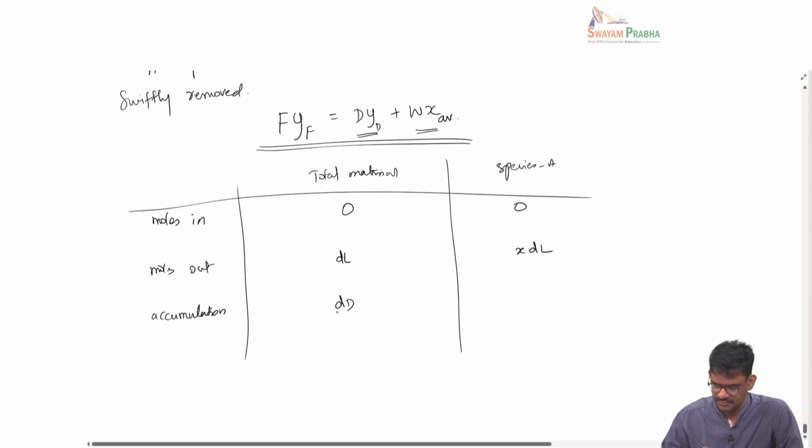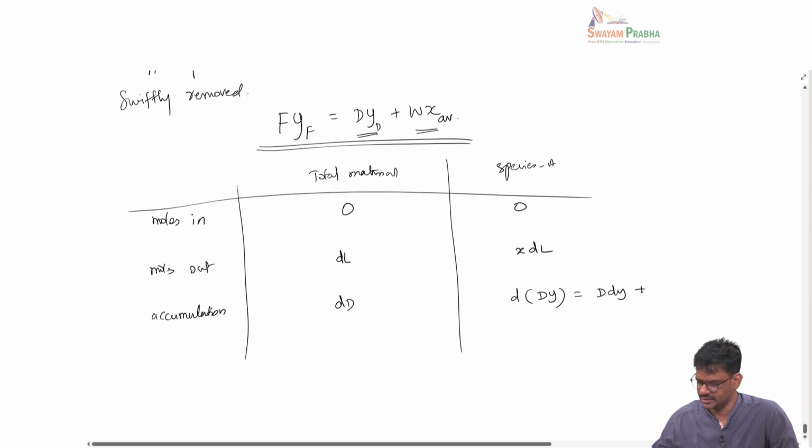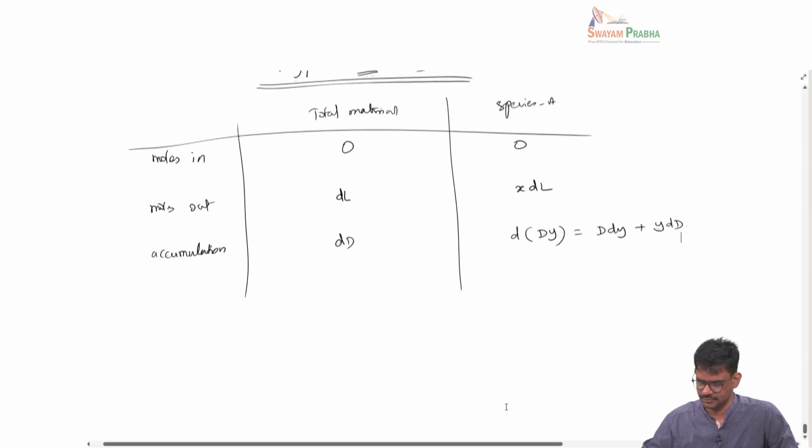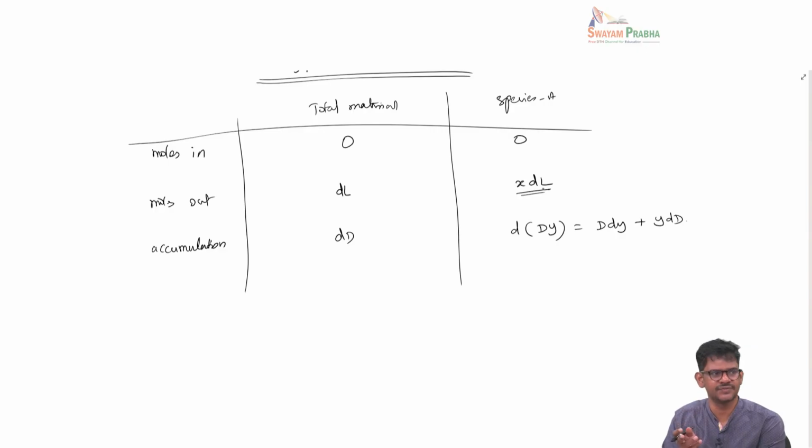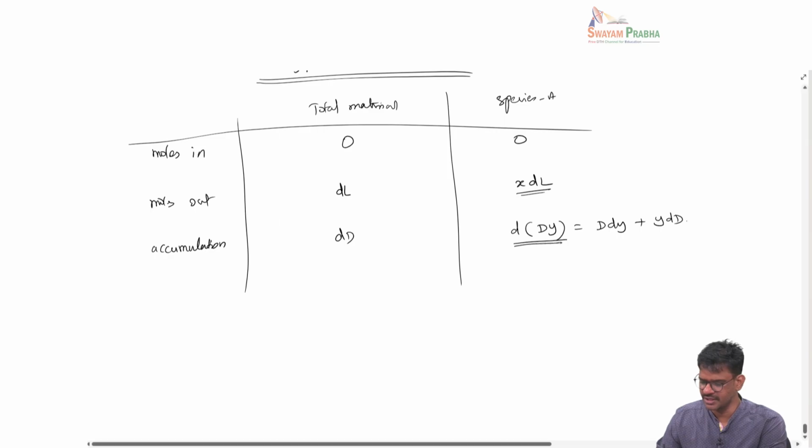Accumulation is dD, and here you have d of Dy, which is nothing but D dy plus y dD. You can see that the moment the first drop of liquid is formed, it would have x times dL amount of A out of the system, that is gone. Now the vapor would have undergone change in the composition as well as in the total moles. That's why I am writing d of Dy.